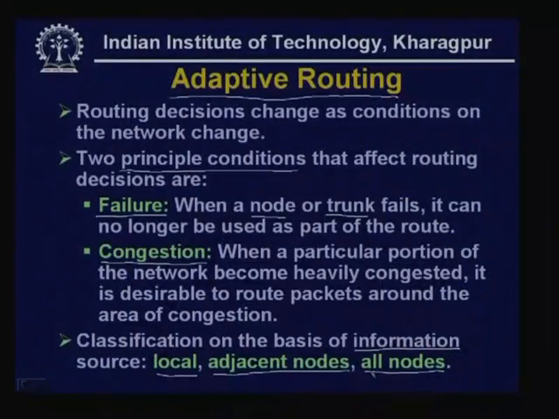In such a case it is more global. Obviously, whenever it is more global, more information has to be gathered. It will take more time, and it will put more load on the network, because whenever you gather information, an exchange of packets will take place, and also the node has to do computation for using the information gathered from all nodes for the purpose of routing. So, classification can be done based on these three approaches.